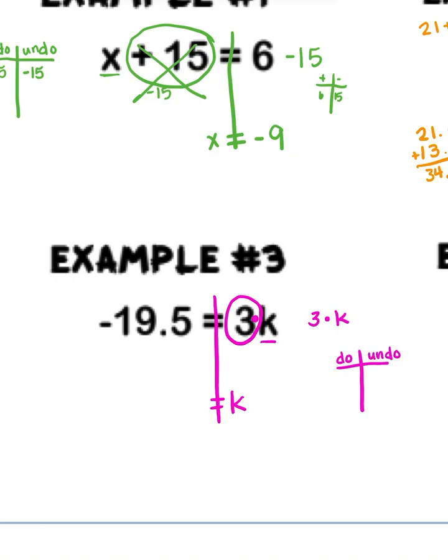I am multiplying by 3. So the opposite of multiplying by 3 would be dividing by 3. So I'm going to come over here and divide by 3, which means I can write it like a fraction. Or for my Desmos friends, we would need to type it sideways like this. And then we would need to use our integer man. I have a positive and a negative, and that divided would be 6.5, so negative 6.5.